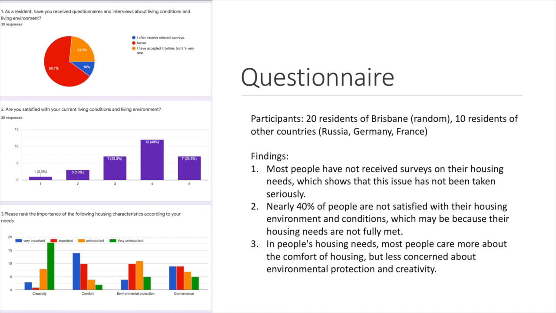And for the third bar chart, we can see that most people care more about the comfort of housing, but less concerned about environmental protection and creativity.